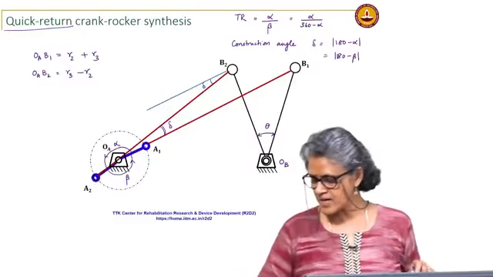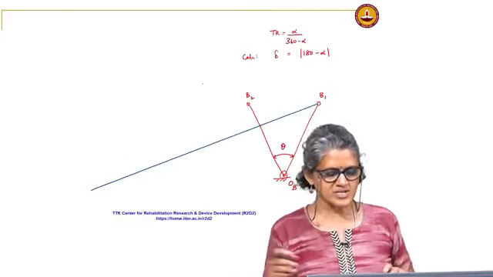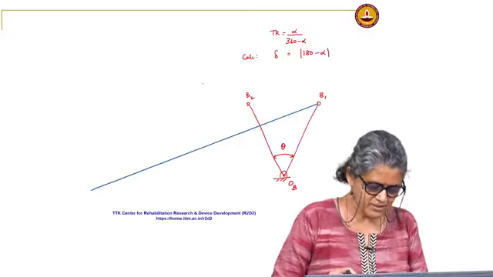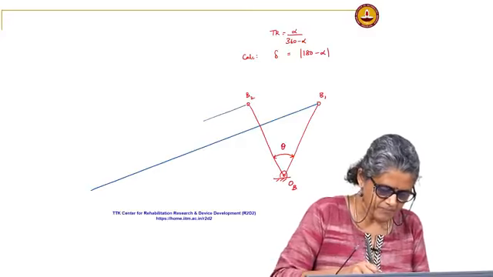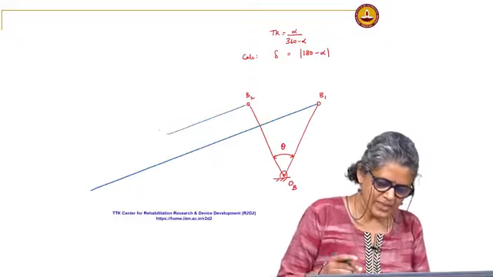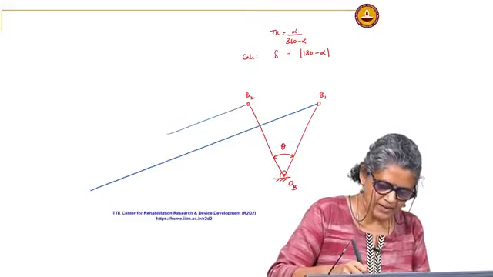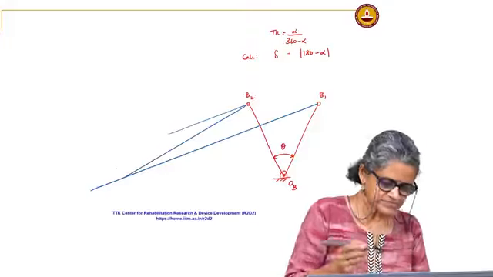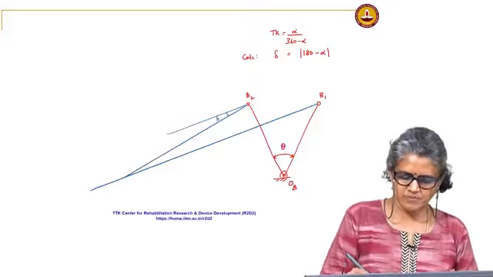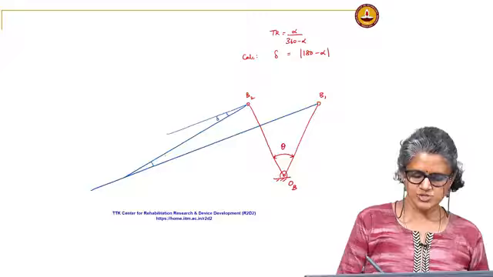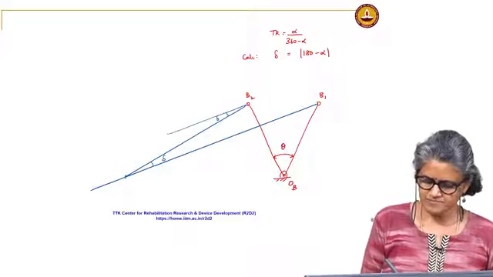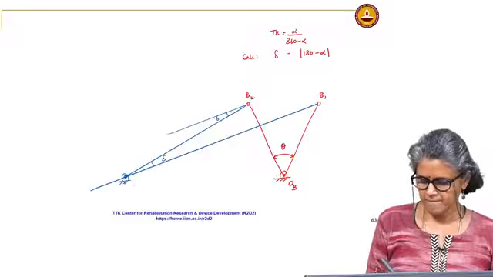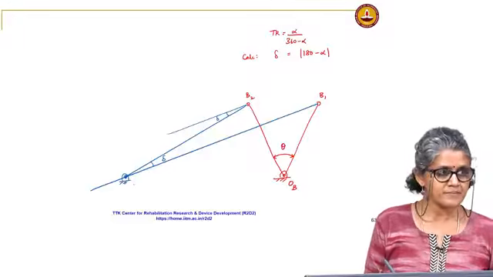So, I would use that for my construction. If I take a parallel through here and then mark off my angle delta here, then this angle is also delta. So, this gives me what? What is this point? OA.